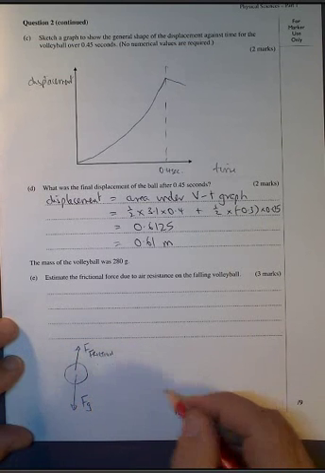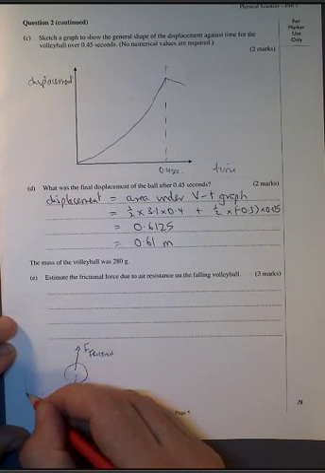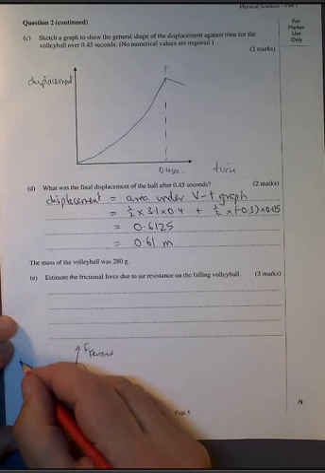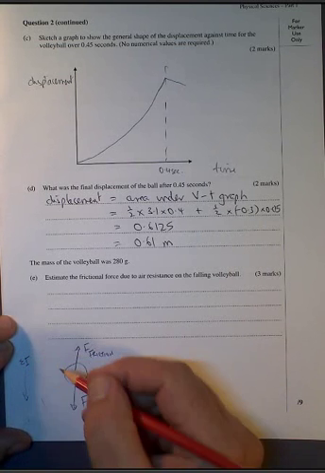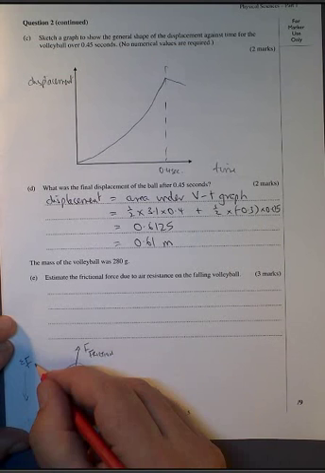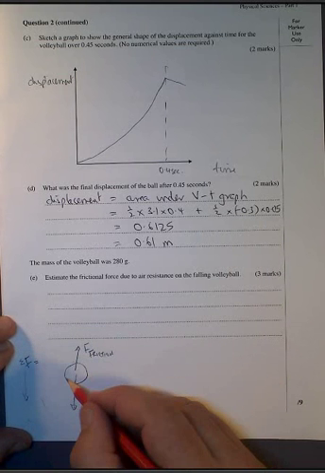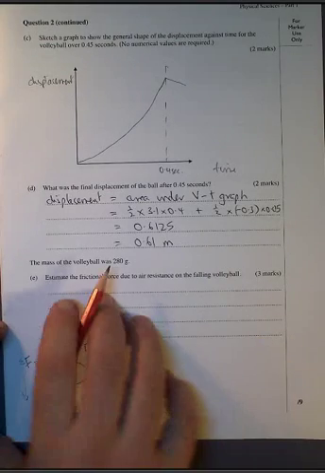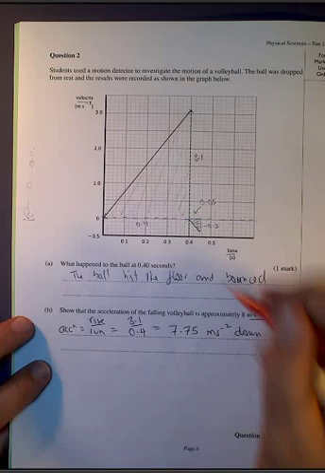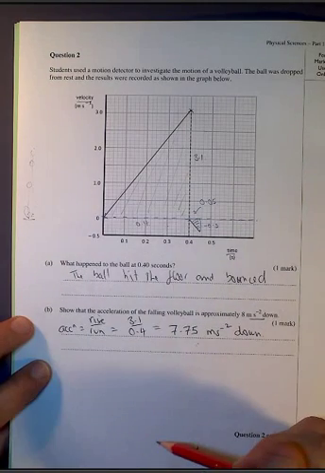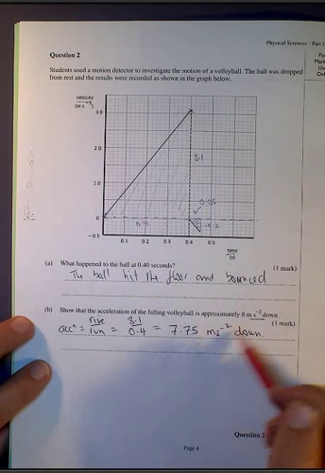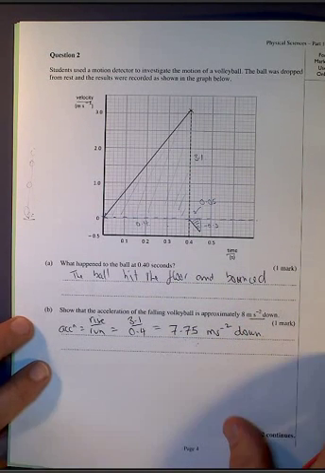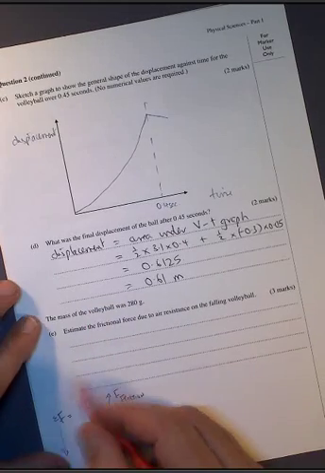The sum of these forces is going to be equal to what we observe it doing. It's falling at 7.75 meters per second squared down. So that is going to be equal to the mass times the acceleration.